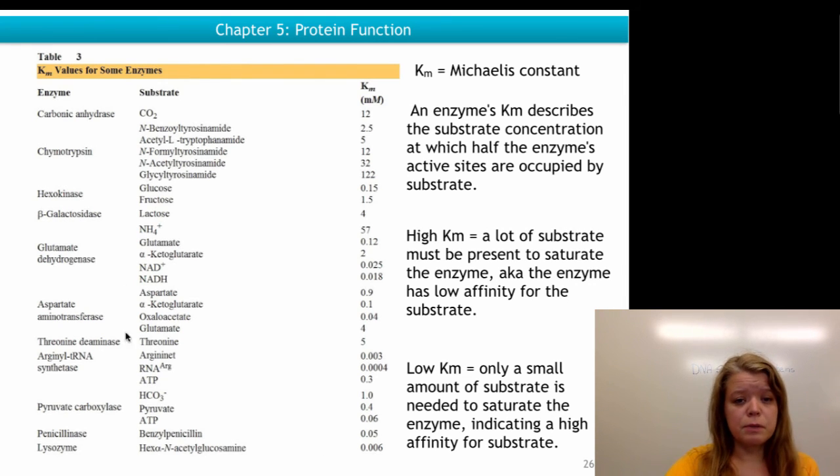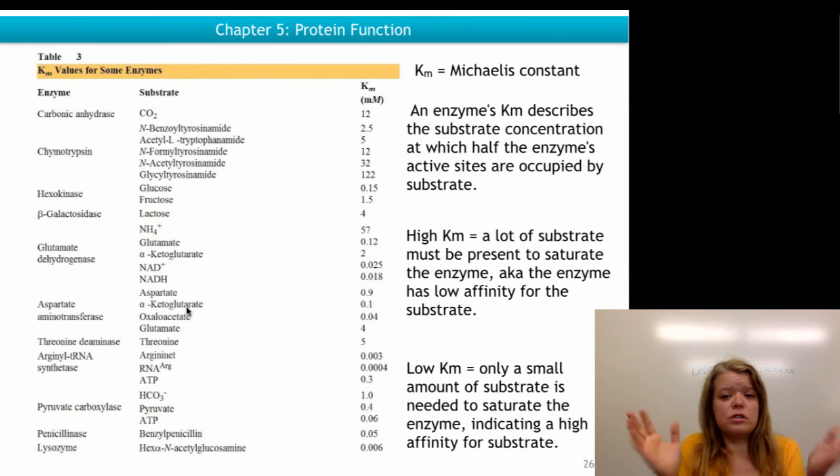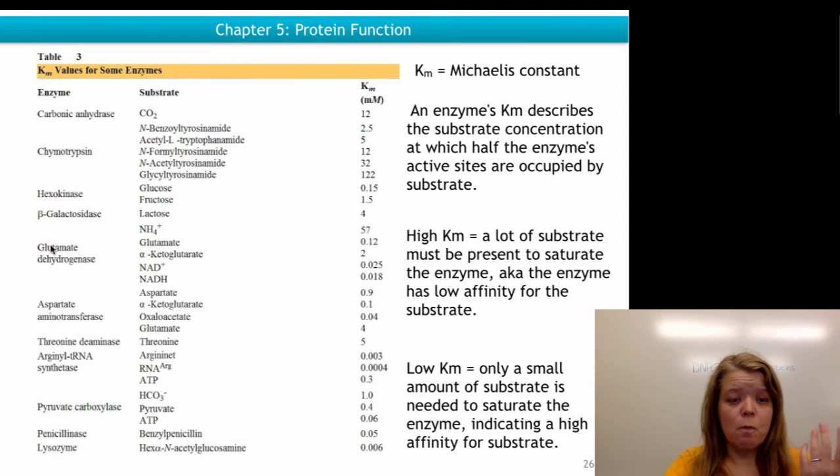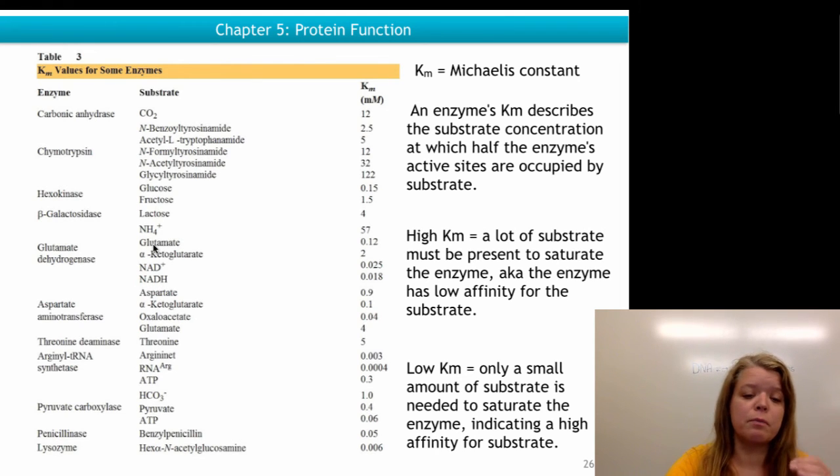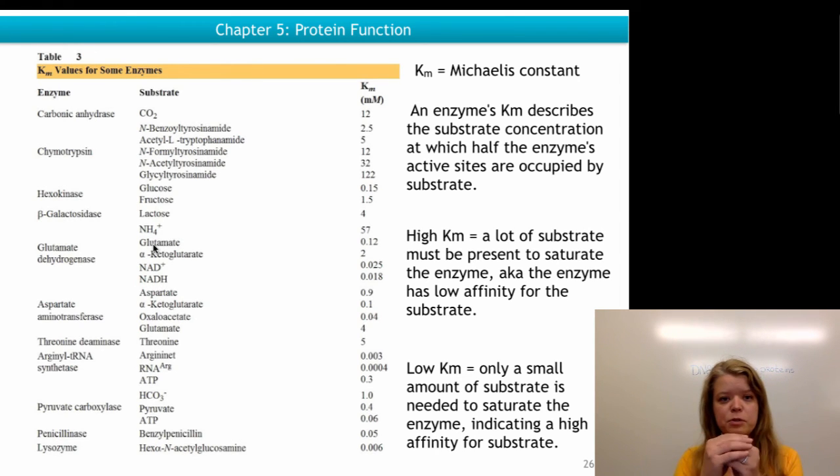And you can see in this particular table, which you don't need to memorize, I just have it here as an example, that one enzyme has a bunch of binding sites for its different substrates, because it's catalyzing a complicated reaction, the conversion of glutamate to alpha-ketoglutarate.